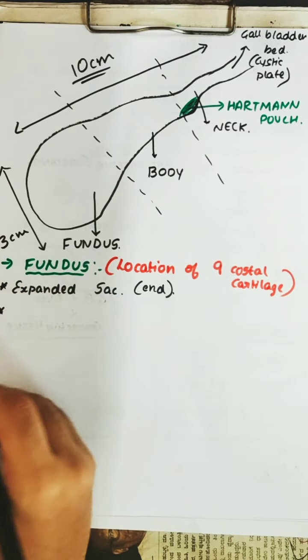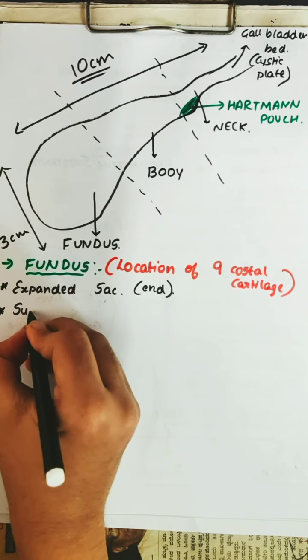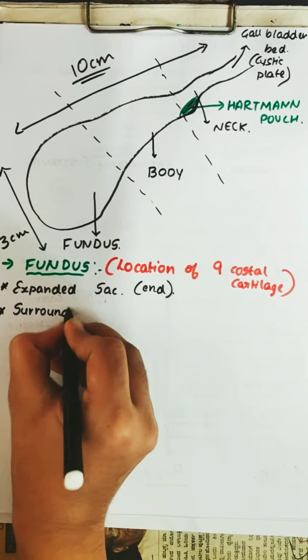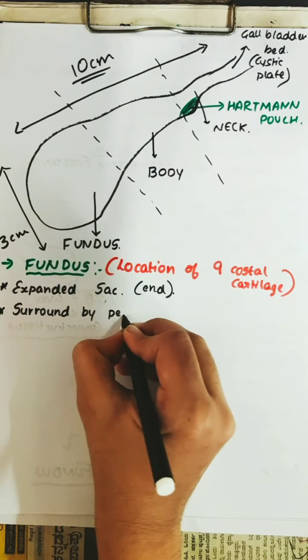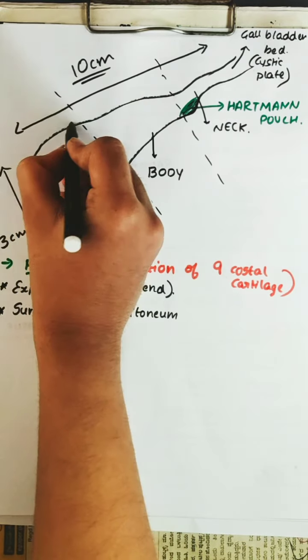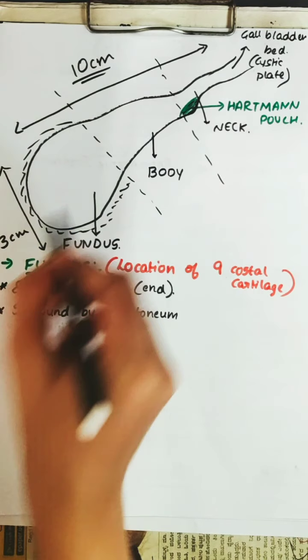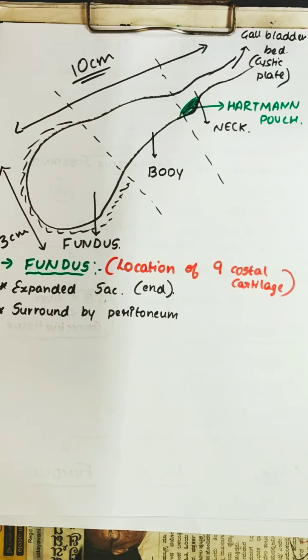Next thing, remember that the fundus is surrounded by peritoneum. So there is a structure like peritoneum which is found around the fundus.